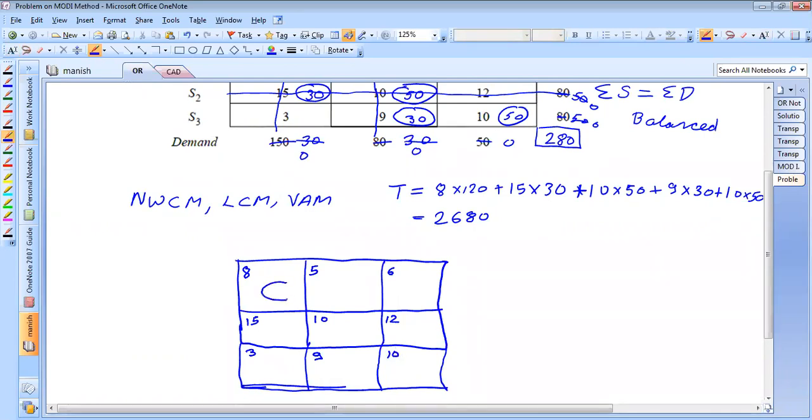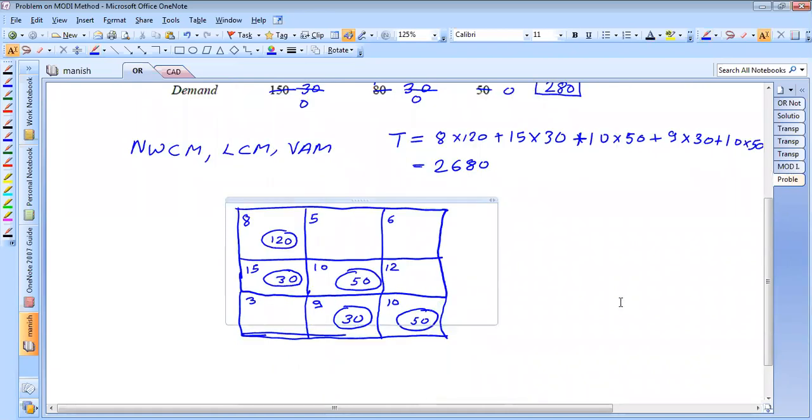Allocations are 120, 30, 50, 30, and this is 50. Correct? Any doubts up to this point? Any doubts, students? No, sir.